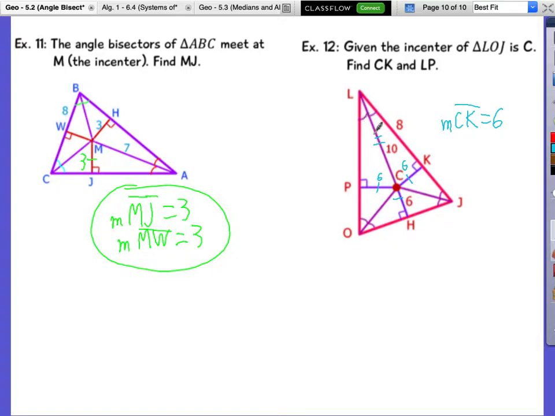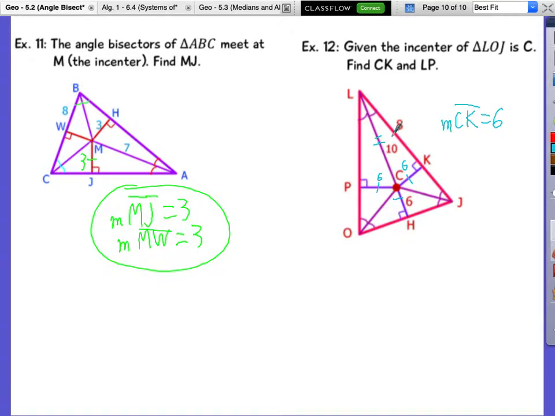Two smaller triangles? We can actually prove these triangles to be congruent, because we have two sets of corresponding congruent angles and the sides. So we can do angle, side congruence. So we know these triangles are congruent by angle, side.